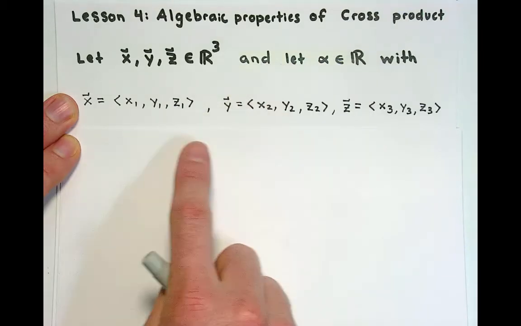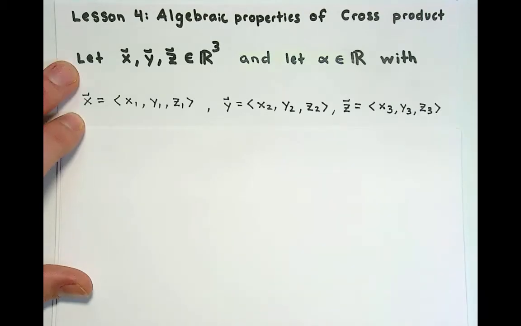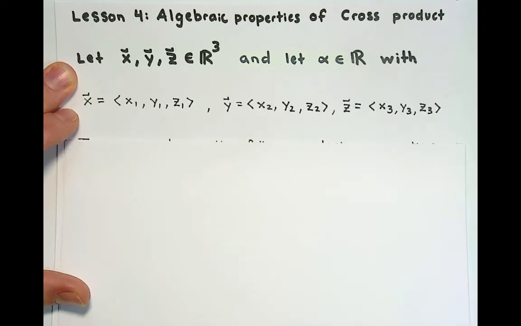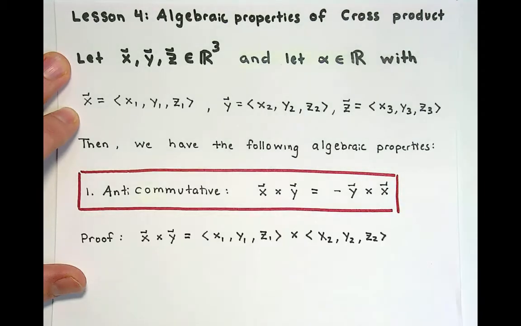We'll let the components of each x, y, and z be as follows, where x is x1, y1, z1, y is x2, y2, z2, and z is x3, y3, z3. We'll start our discussion of algebraic properties with the first one, which is called anticommutative.